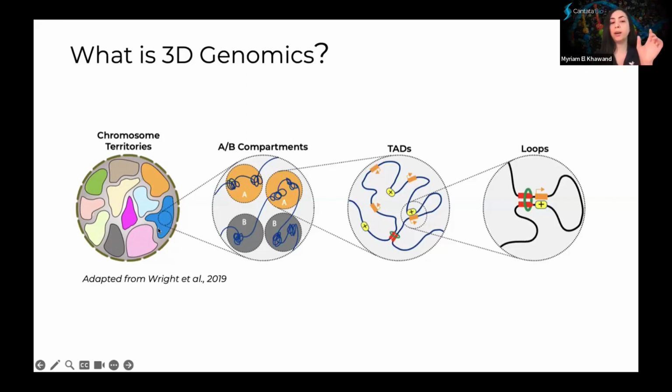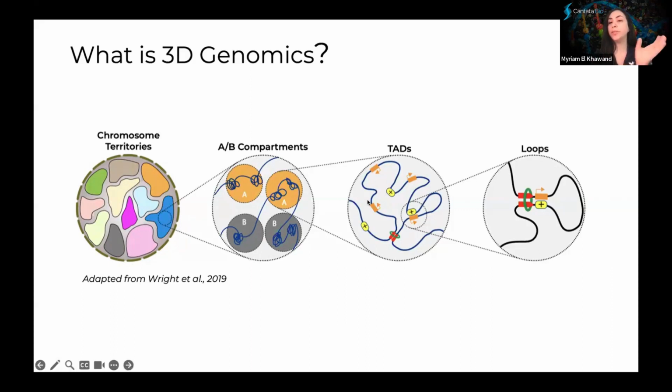And if you zoom in more on the chromosome, you see that it's organized in A and B compartments. So these compartments, A, are active chromatin, open chromatin, that show a high level of transcriptional activity, and B is more the repressed, gene-depleted, and closed chromatin.